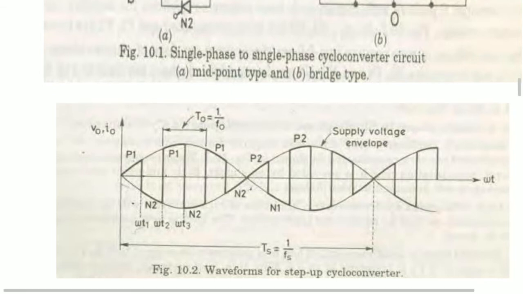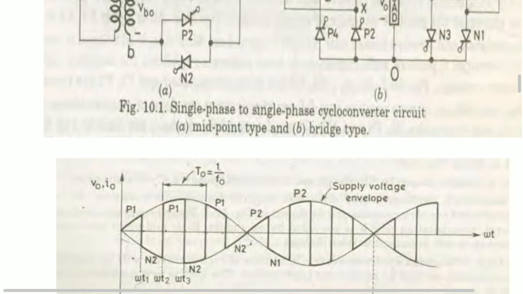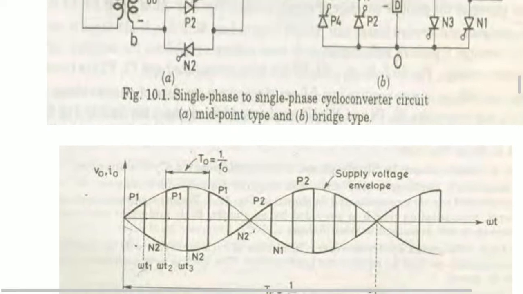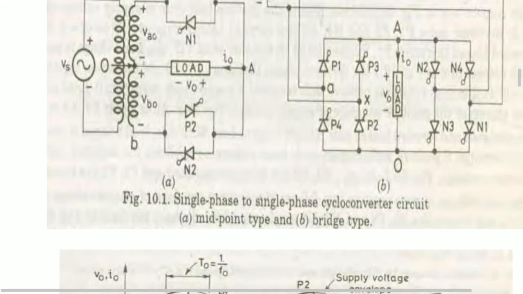We can see from the waveform the line shown in bold, dark color, which is nothing but the increased frequency. For the first positive half cycle of the AC input wave, the AC is taken from the source Vs. For the first positive half cycle, the SCRs P1 and N2 are forward biased.